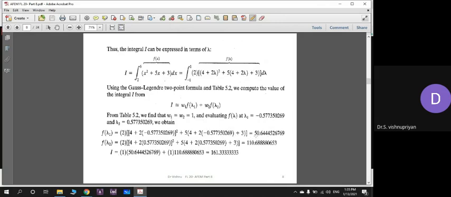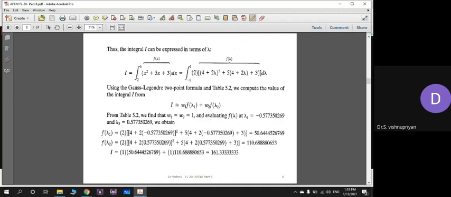If you do that, you get 50.6444. This is f of lambda 1. Now, I'm going to use the next value of lambda, which is plus 0.57735. In the same equation, I do that, I get 110.6888. So this is f of lambda 2.